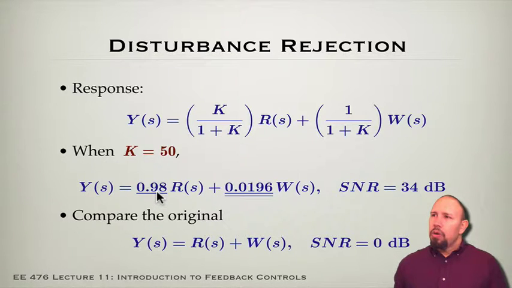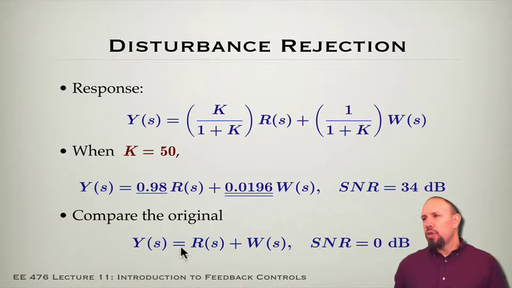Y compared to R is basically 0.98, within 2% of 1. That's what multiplies R. What multiplies W is something very small, like 2%. If you look at our original system, it was R plus W.